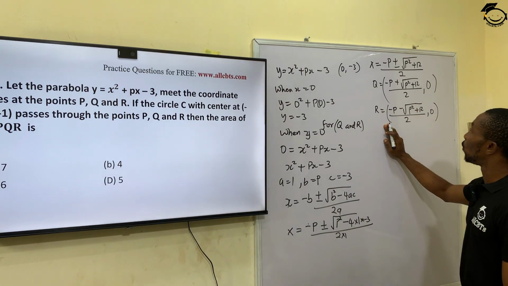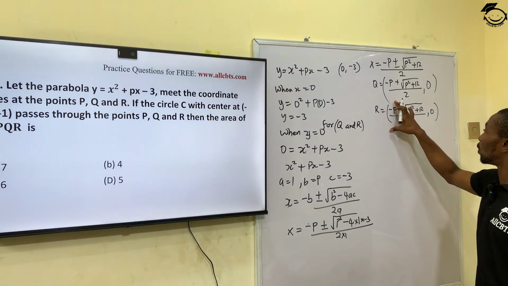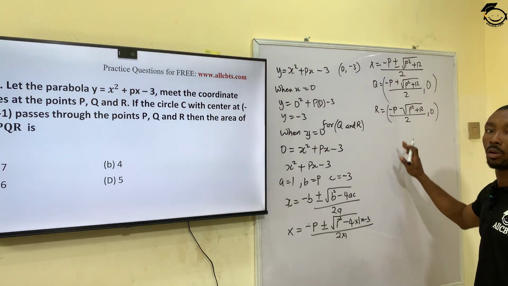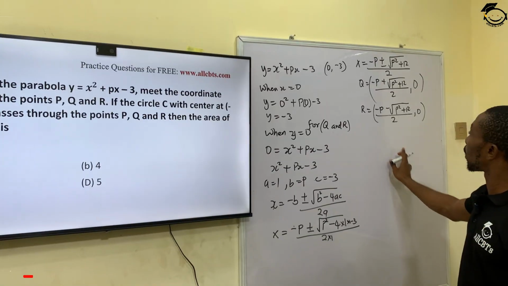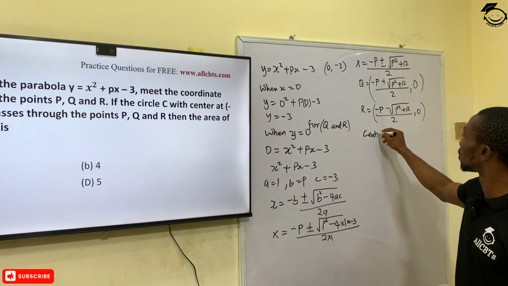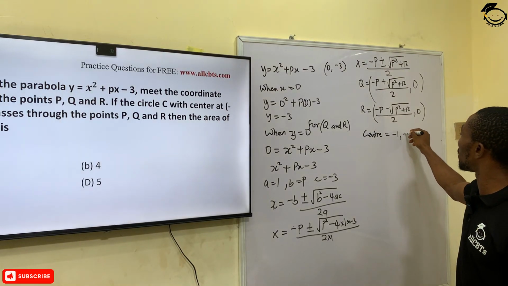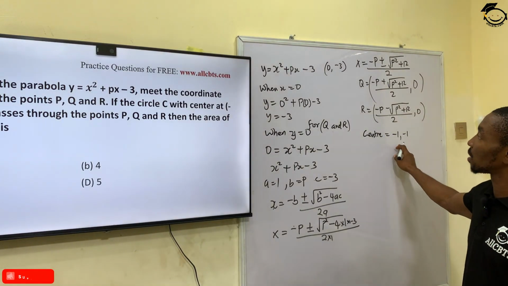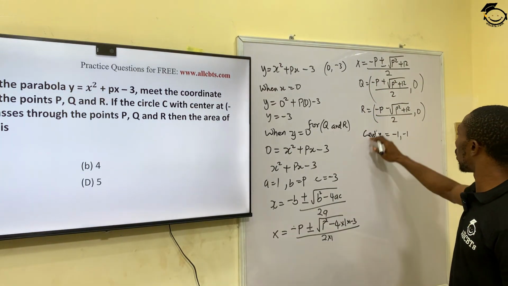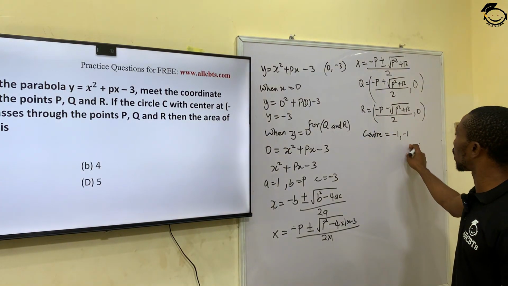So from here, we are going to find the values of our P to know what our Q and R would be. So from here, knowing that our center is -1 and -1, this means that the P, Q, R are all equal distance from the central point.